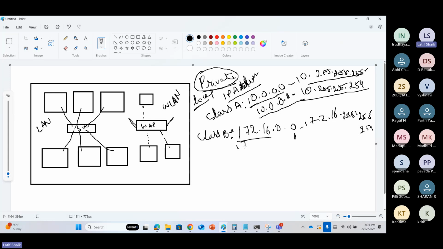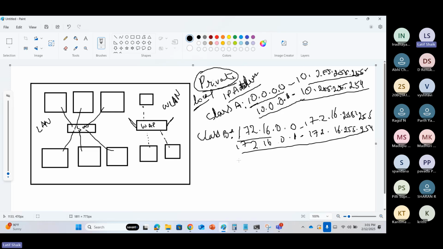So 172.16.0.1 is the first host ID, and the last valid one is up to 172.16.255.254.